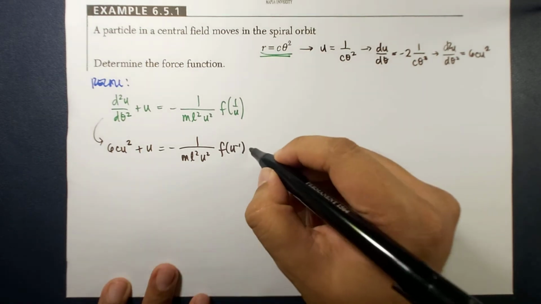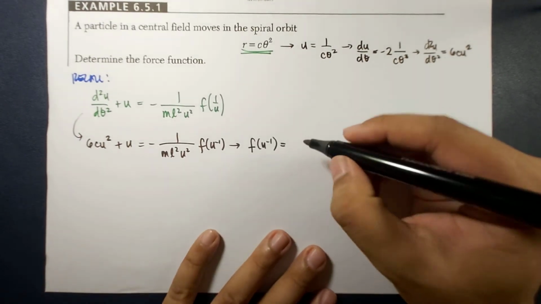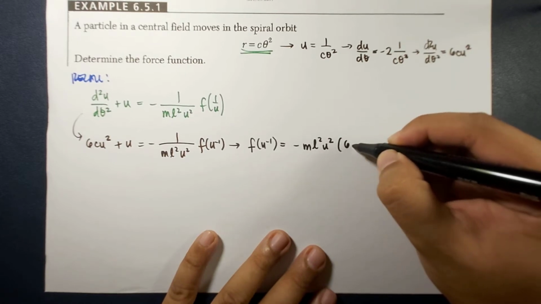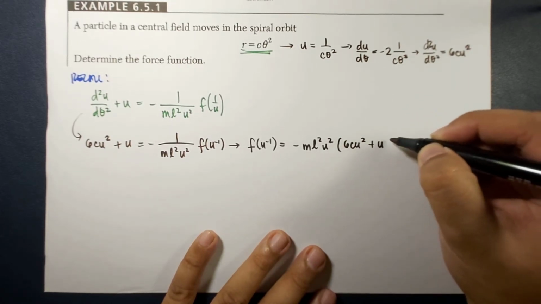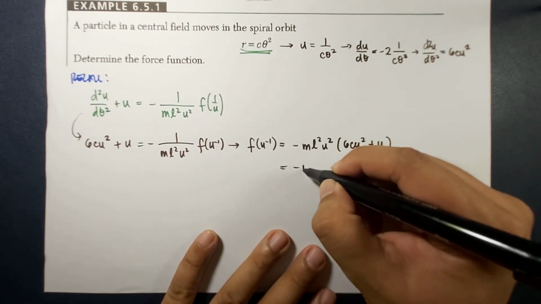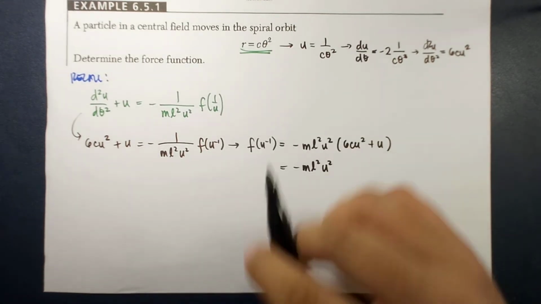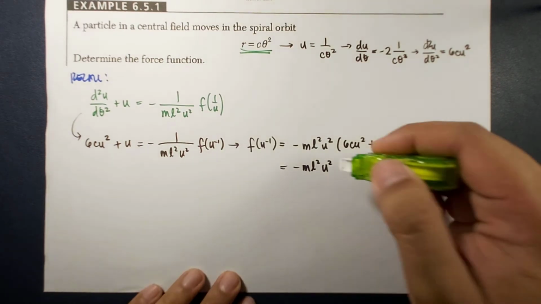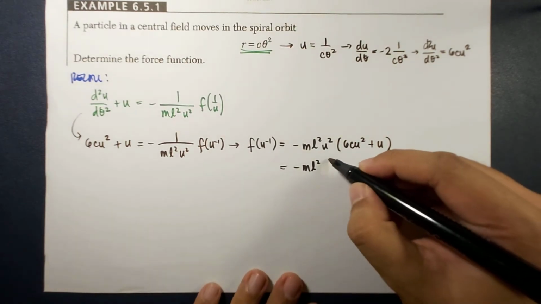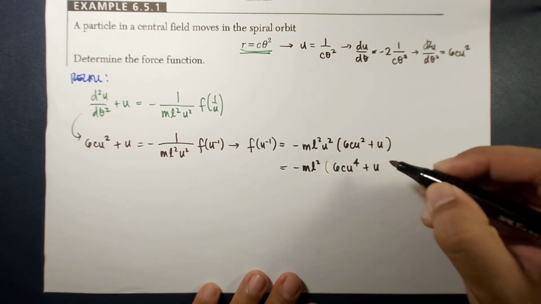So therefore, f is now equal to negative m l squared u squared times 6 c u squared plus u. Distributing u squared, this becomes negative m l squared times 6 c u to the fourth plus u cubed.